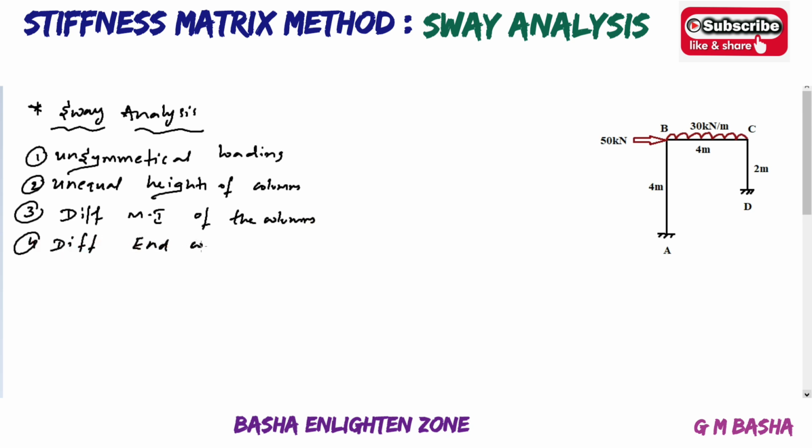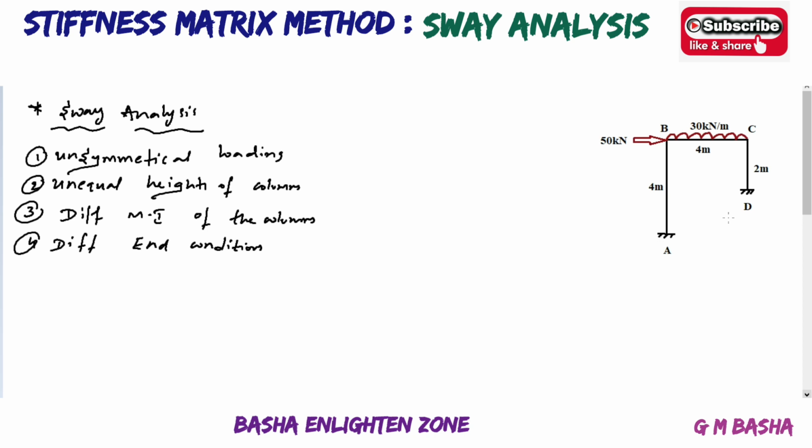For example, this column consists of 2I and this column consists of I or 3I. That time also this comes under the sway analysis, but here the property will be the same. And different end conditions mean, for example, at end A it is fixed and at the other end D it is hinged. At that time also it comes under the sway analysis.